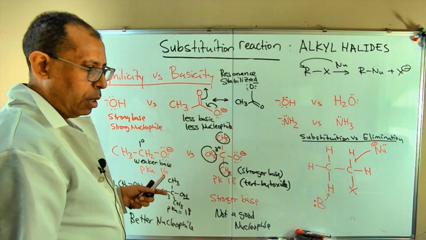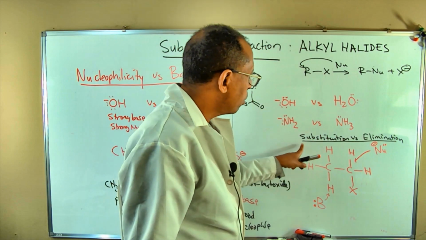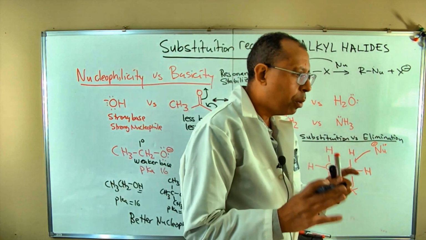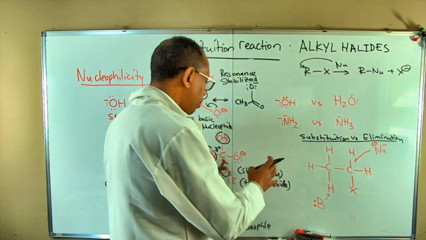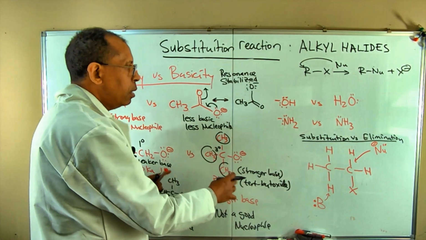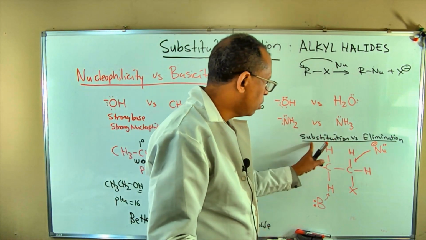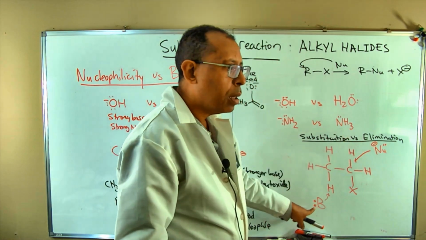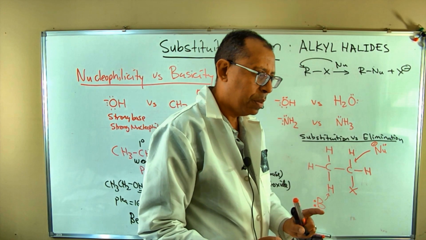That's why in a substitution reaction, substitution and elimination are always competitive, meaning that based on your conditions, what nucleophile you have and what leaving group you have, either the nucleophilic substitution can happen or the base elimination reaction can happen.